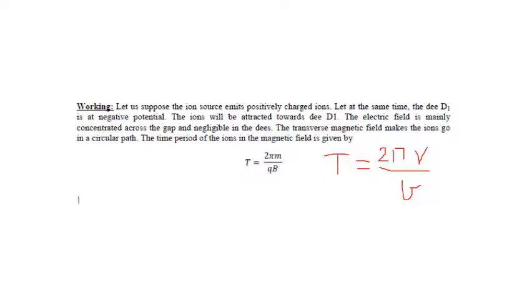As we know, if the particle is moving in a circular direction, you have the formula mv²/r, which should be equal to qvB. From here you can calculate the value of r and put it here. If you put these two values here, you will get this.